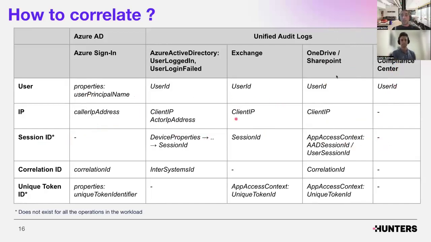This is kind of problematic because we use the Security Compliance Center workload to investigate e-discovery events. If we want to correlate e-discovery events with other events, we don't have the session ID, so we need to use only the user ID.